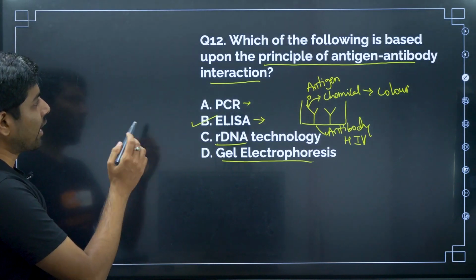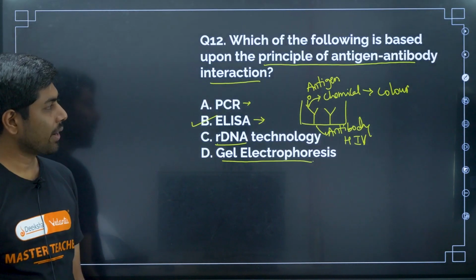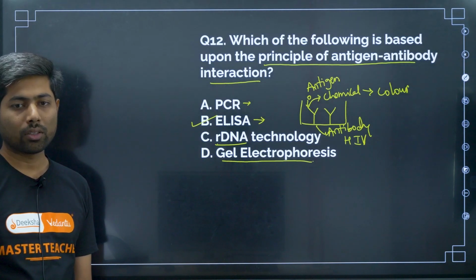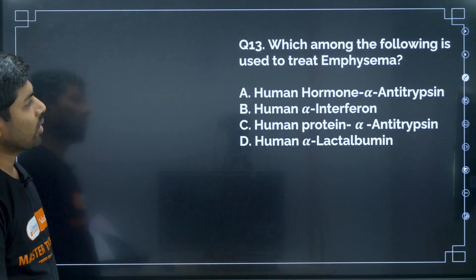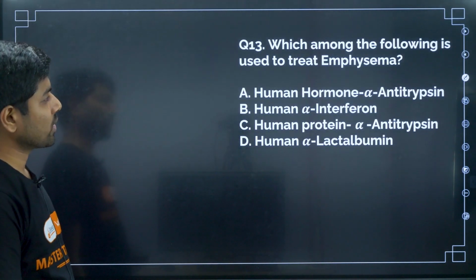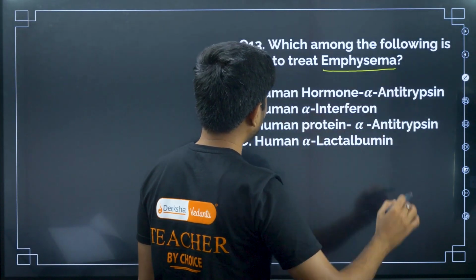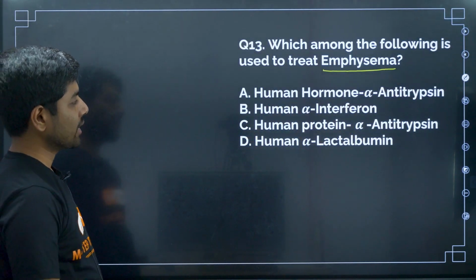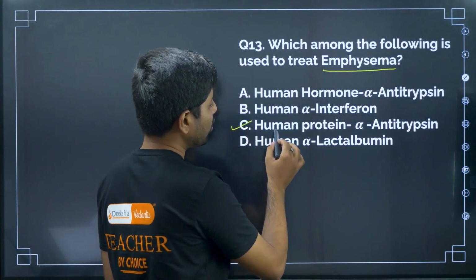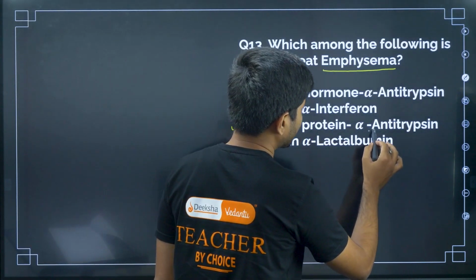Therefore, ELISA works on the principle of antigen antibody interaction. Clear? Now let us look at question number 13, which is a direct question. Which among the following is used to treat emphysema? It is treated by option C, human protein alpha antitrypsin.